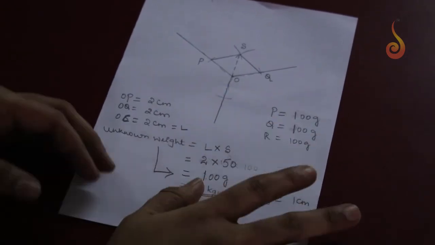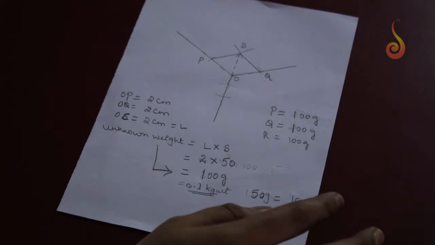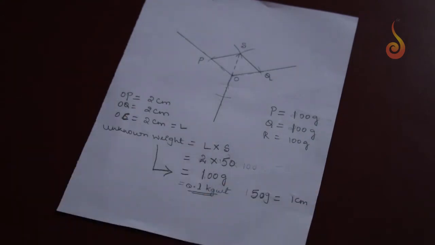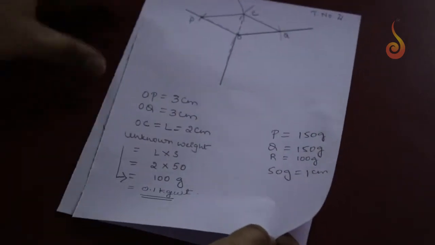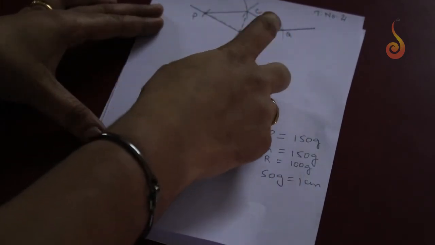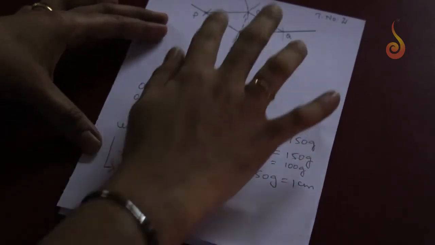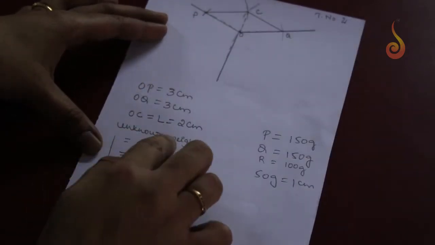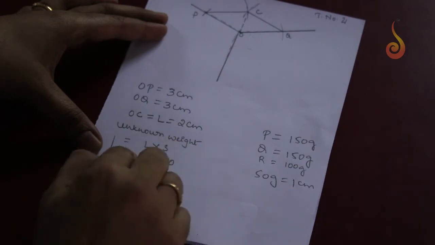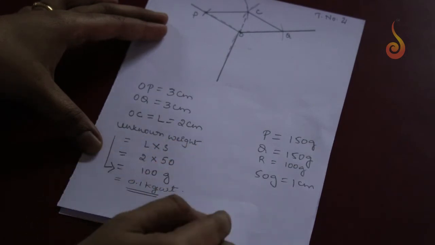In the same way, we need to perform 2 more trials. So if we perform the same experiment using 150 grams weight, this is the parallelogram, and unknown weight is equal to L into S, 2 into 50, that is 100 gram or 0.1 kg weight.